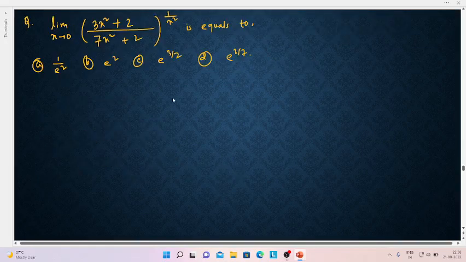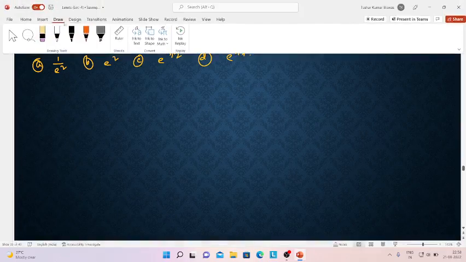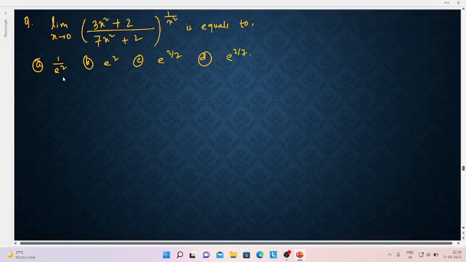So let's move to the next question. This is also a very interesting question. The question says: limit x tends to 0 of ((3x square plus 2) over (7x square plus 2)) whole to the power 1 over x square is equal to what? What value will satisfy this limit?